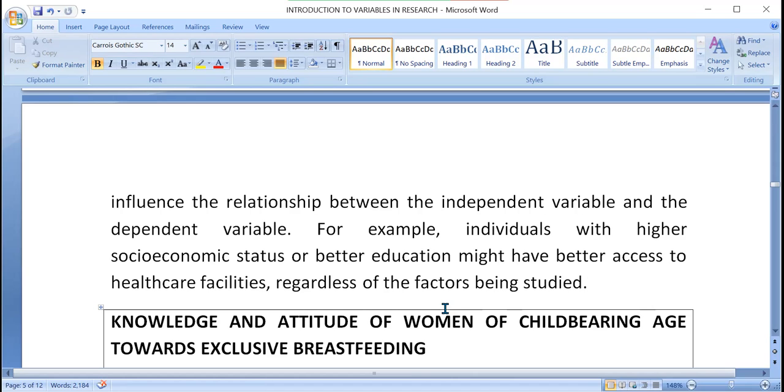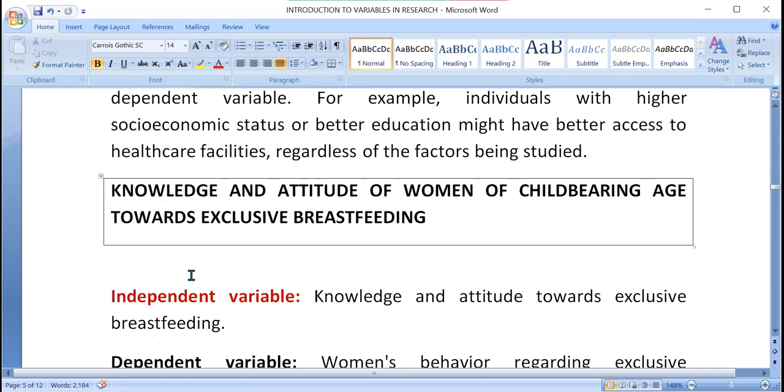So we have to remove this educational level or economic status so that we will be on a neutral ground and see that cost of services can actually lead to low utilization. So we must remove these barriers, or modifiers, known as what? Confounding variables.